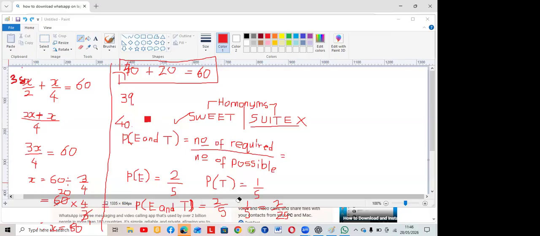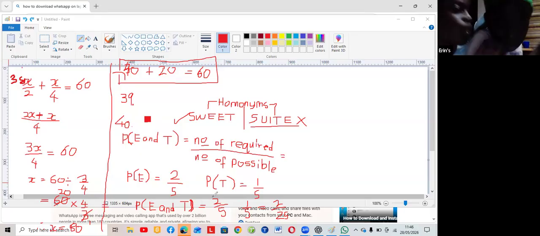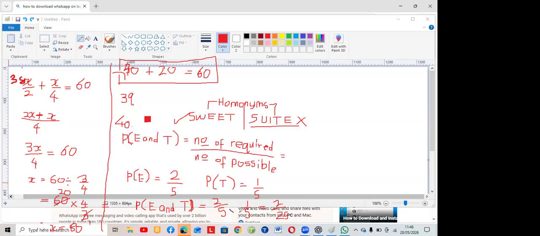So anyway, what can we take away from this? Let's just understand the concept that I've expressed here. Whenever you have and in probabilities, it is multiplication, then the formula for probability is number of required events over number of possible events. Like I said, it's possible that the way they even asked the question is questionable.